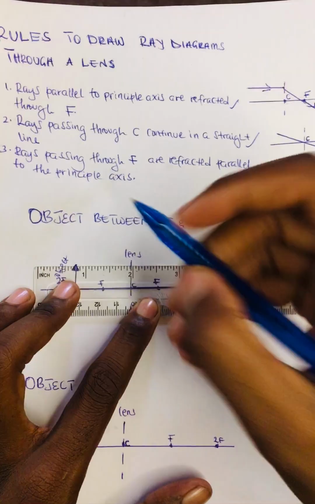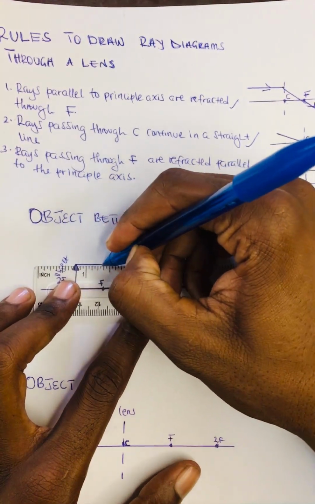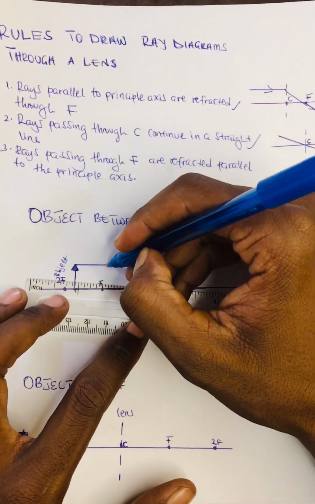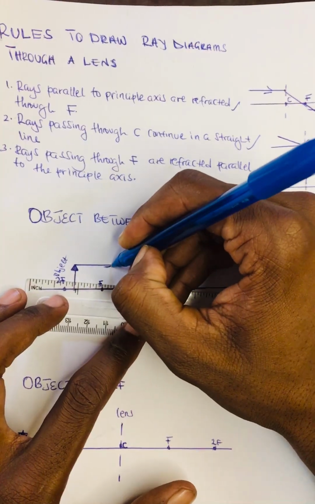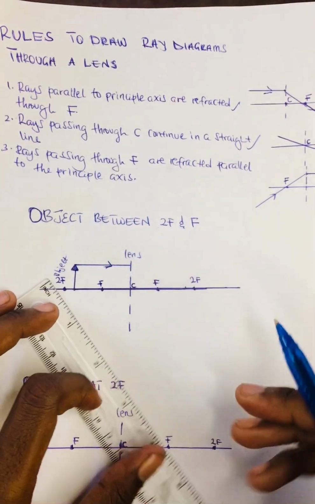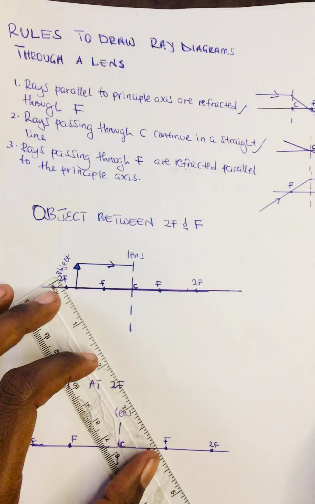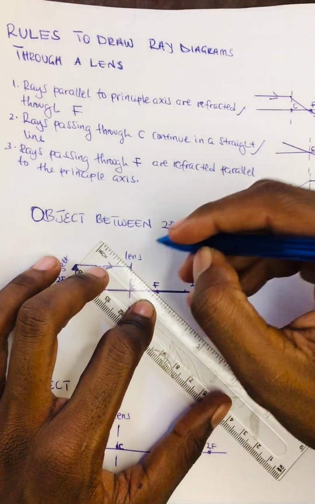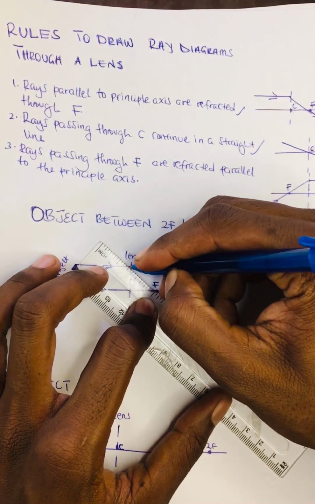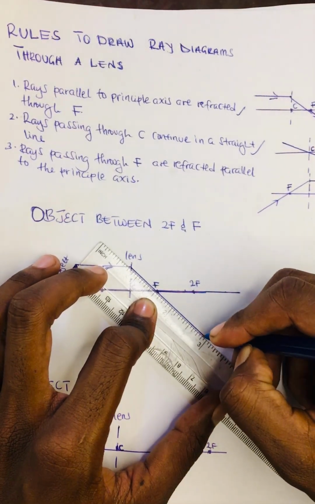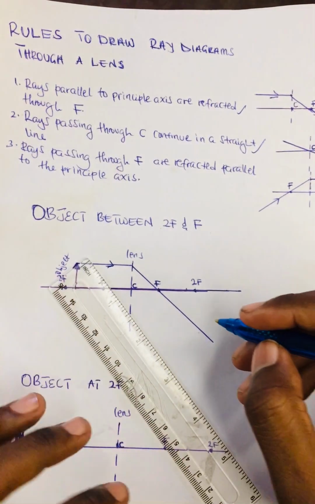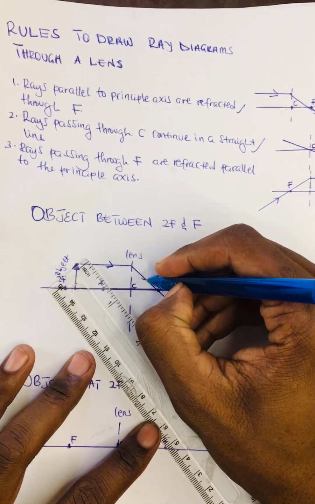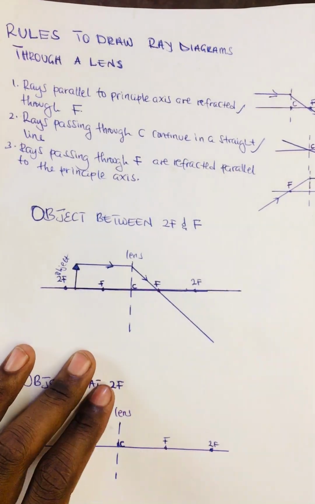According to the first rule, rays that are parallel to the principal axis are refracted through F. So this ray is going to be refracted through F, which is the focal point, like that.